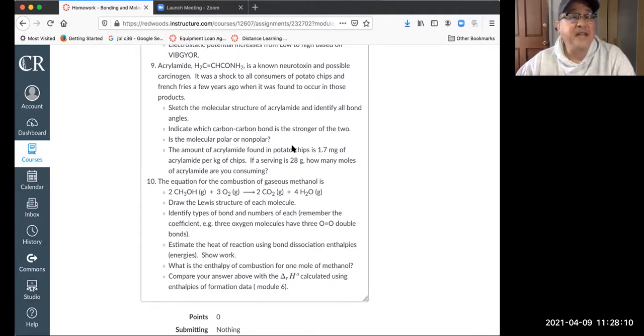Okay. Sketch the molecular structure of acrylamide and identify all bond angles. So this is a tough one. And I'm going to show you how you would figure out what's going on. So I'm writing the formula down right now. So we want to get the molecular structure.